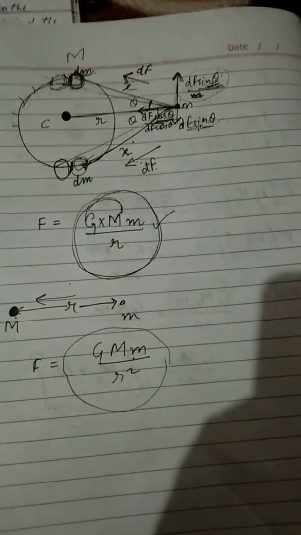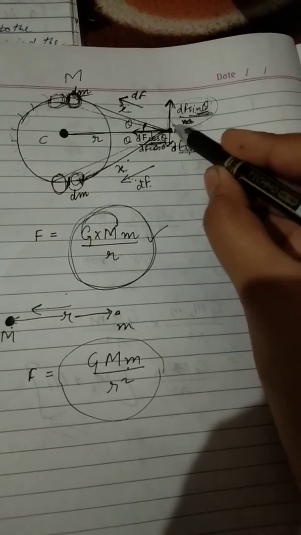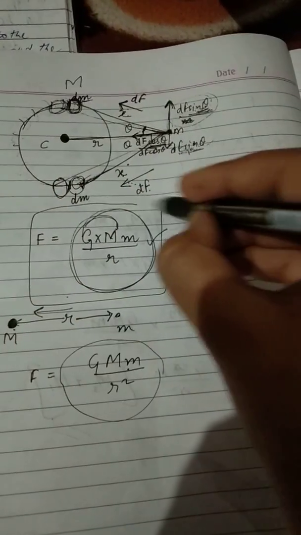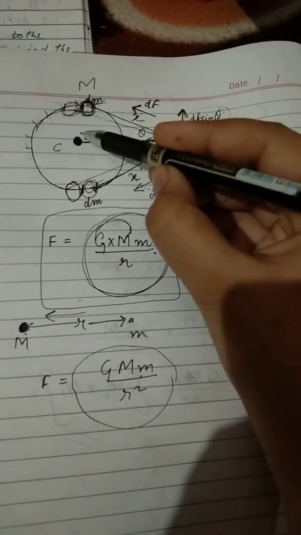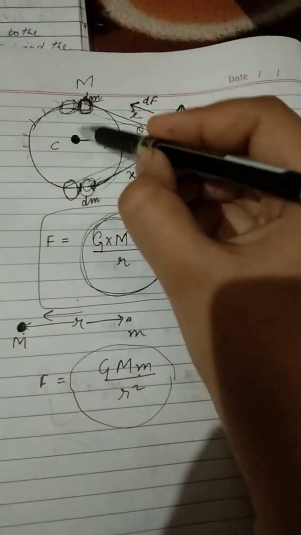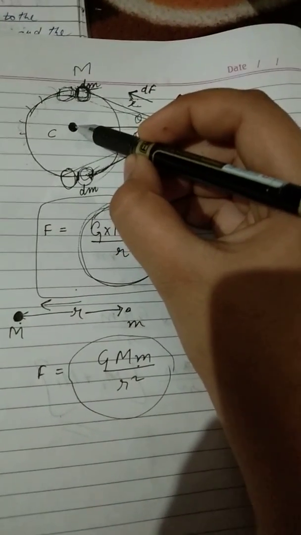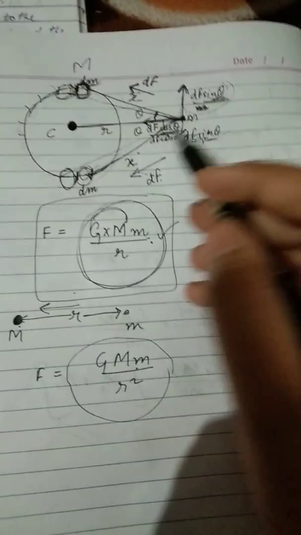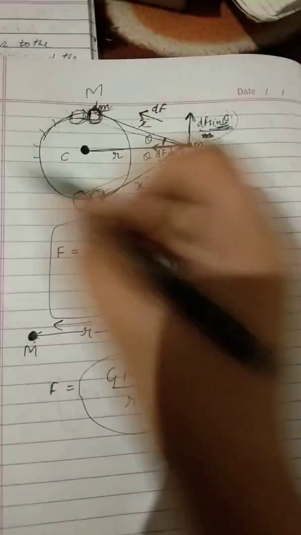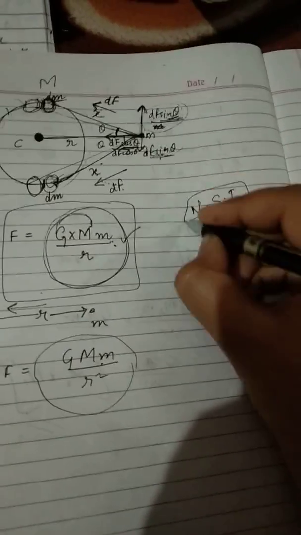So इससे हमें दो चीज़ पता चली, that for an object placed outside the spherical shell, the force of attraction is given by this formula, and also the mass of the spherical shell is supposed, mark the word supposed, to be concentrated at the center of the spherical shell. Then this is all about Newton's shell theorem, and I hope you like my videos.